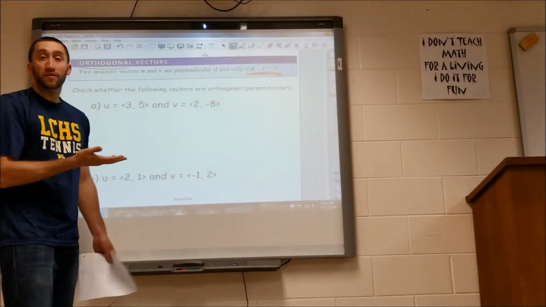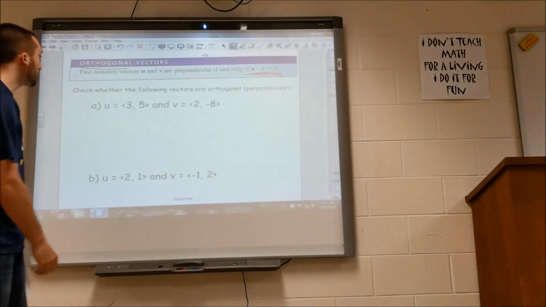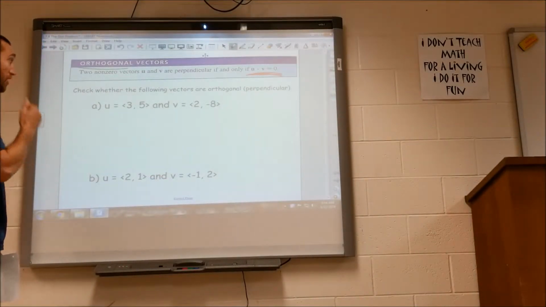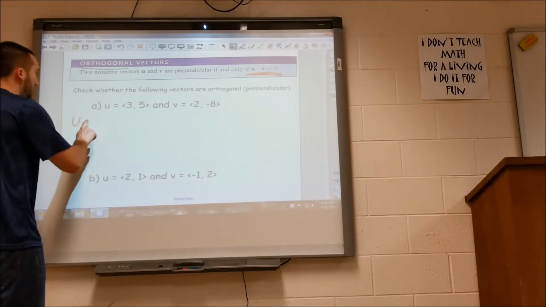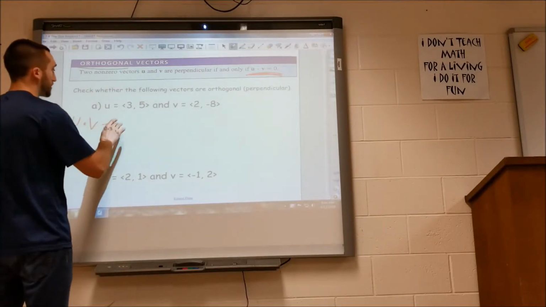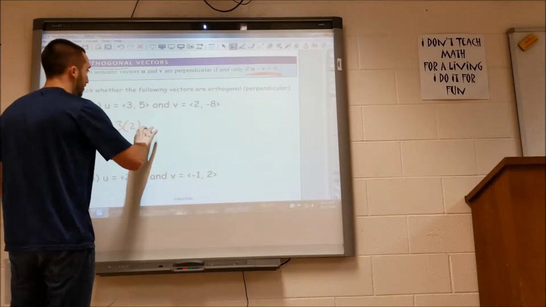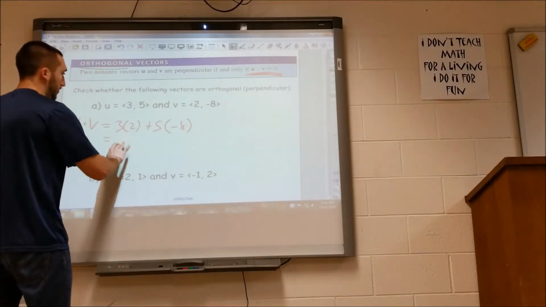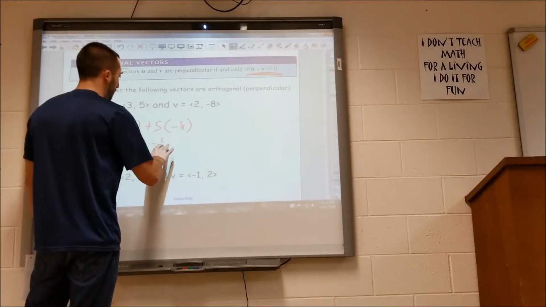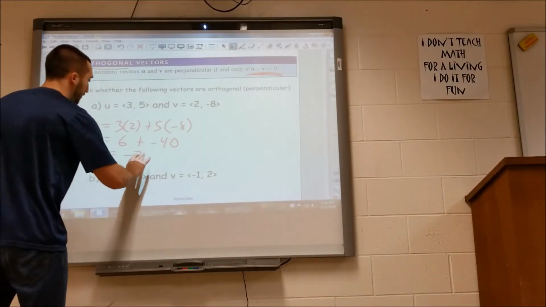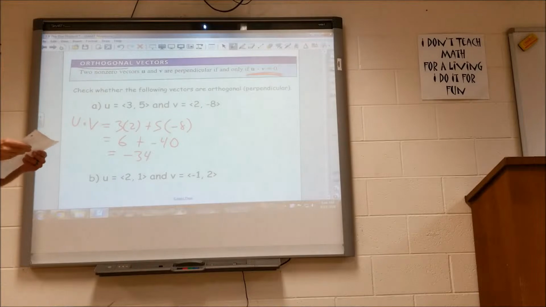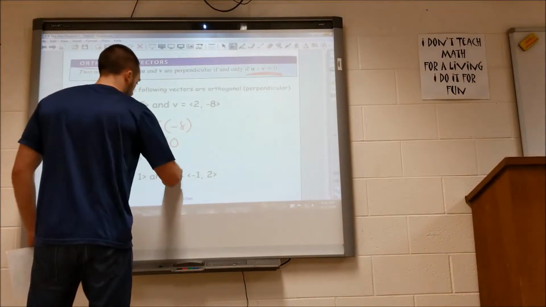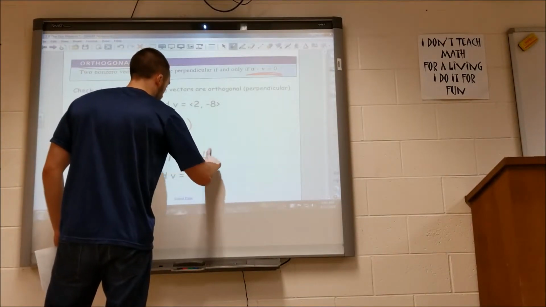If it doesn't equal 0, they're not orthogonal. So let's check A and see if they are orthogonal. That's going to be 3 times 2 plus 5 times negative 8, which gives us 6 plus a negative 40, and that gives us negative 34, which is most certainly not orthogonal.